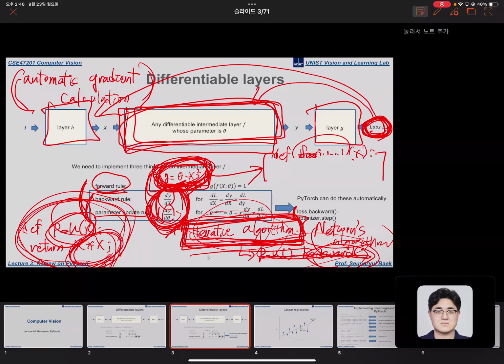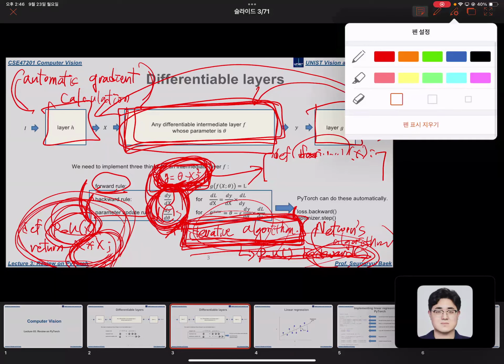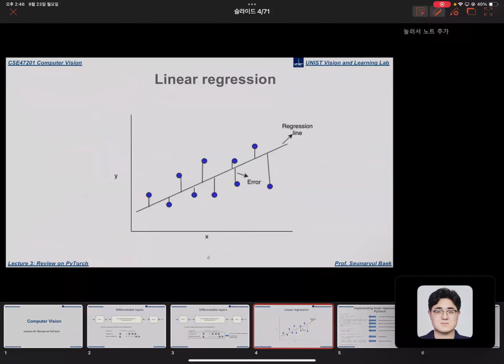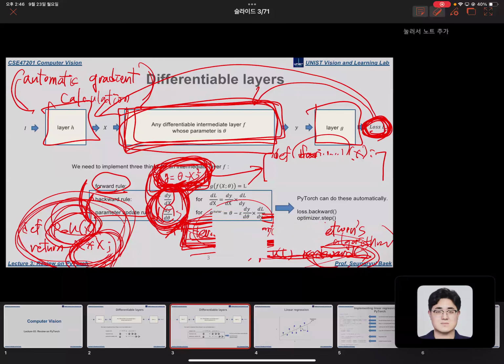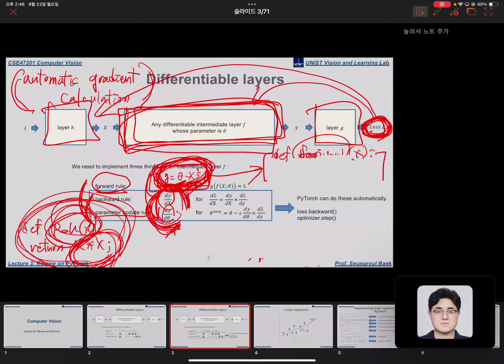So you don't have to implement this parameter update rule and also the backward rule in your layers when implementing deep learning algorithms, deep architectures, using PyTorch. The thing you have to do is very simple. The only thing you have to do is call these two functions.